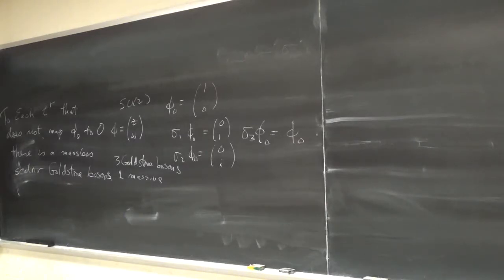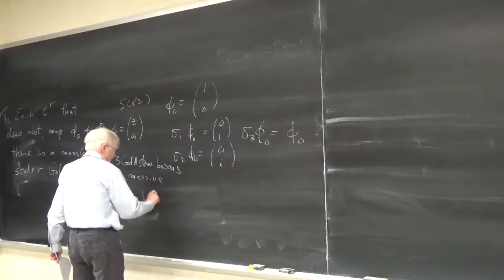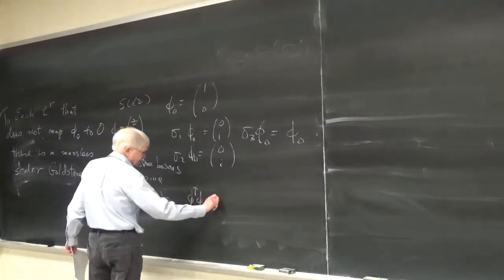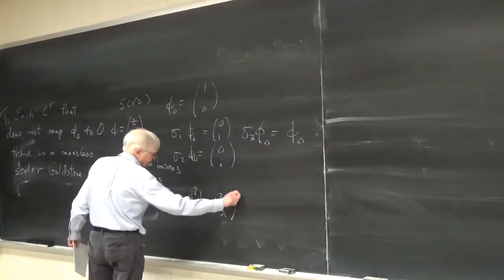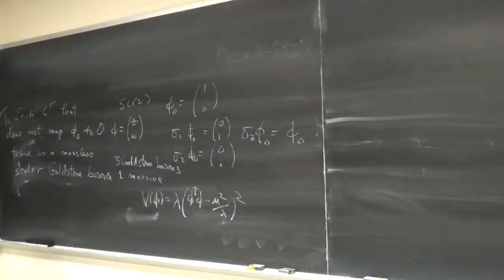And it's massive, assuming that the potential is something like V of phi equals lambda times (phi dagger phi minus mu squared over lambda squared), something like that.